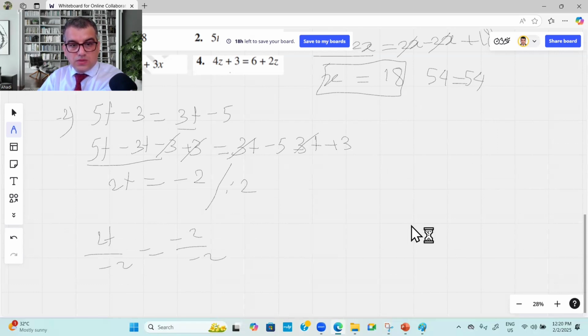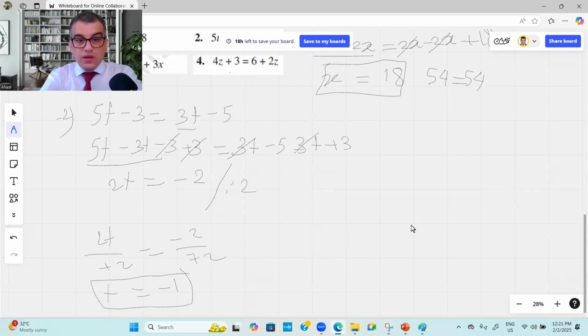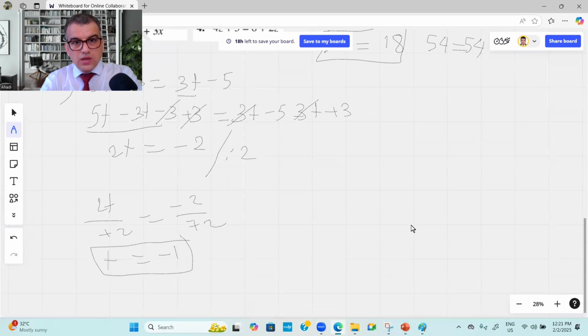Sorry, it's not negative 2, it is positive 2, right? Positive 2. Okay, so on the left side we get t, and on the right side we get minus 1. So t is equal to minus 1. This is the answer of this equation.